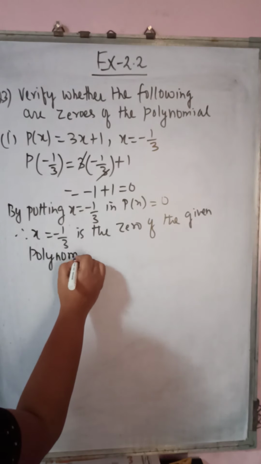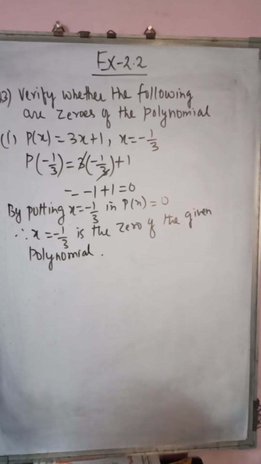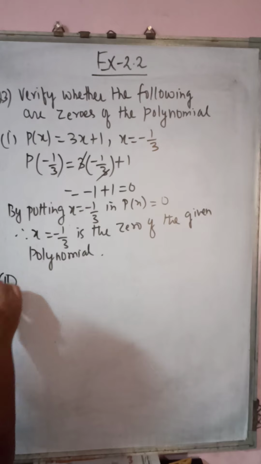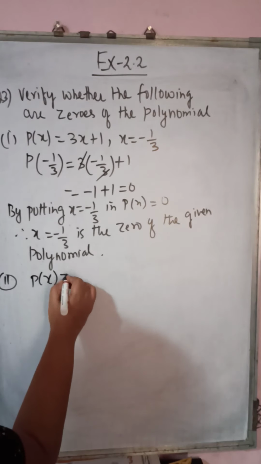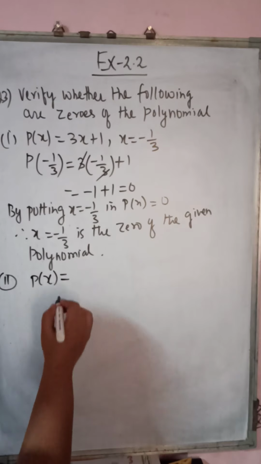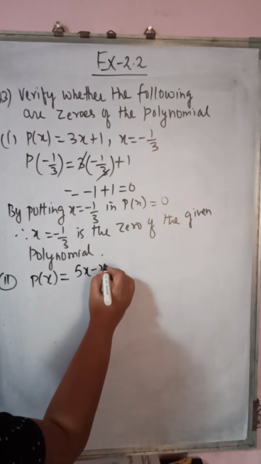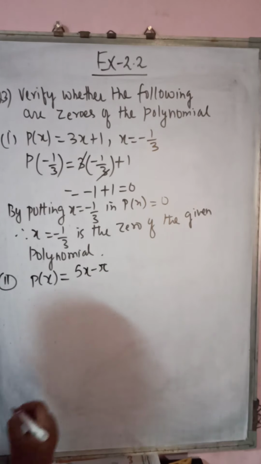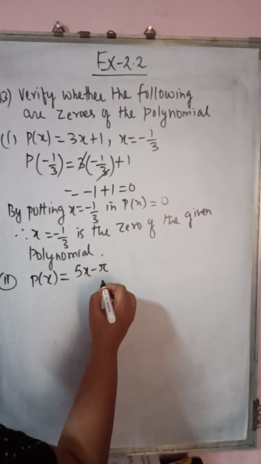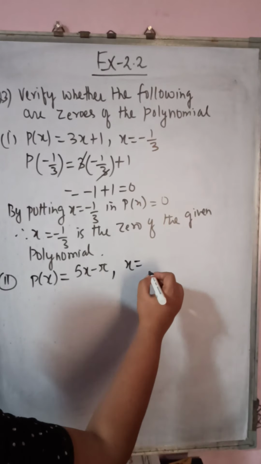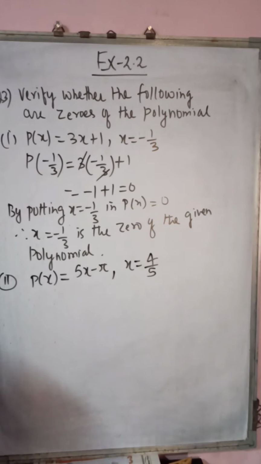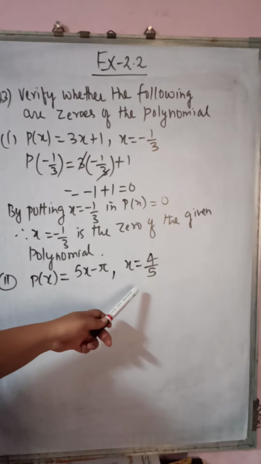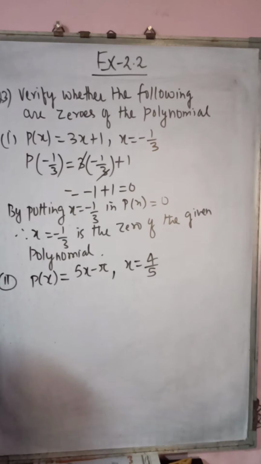Okay, so for every question we have to do that. Whatever the value is given, suppose question number 2 is P of x is equal to 5x minus pi, and the value of x is given as 4 by 5. So we have to verify whether this value of x is the zero of this polynomial.